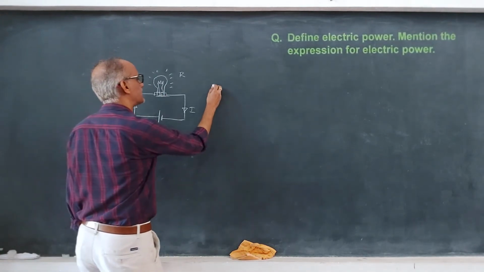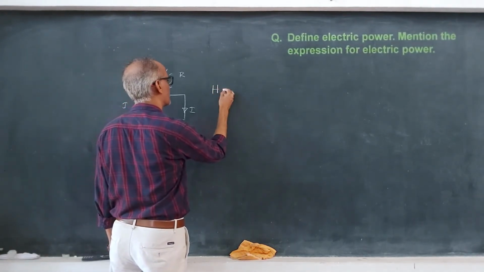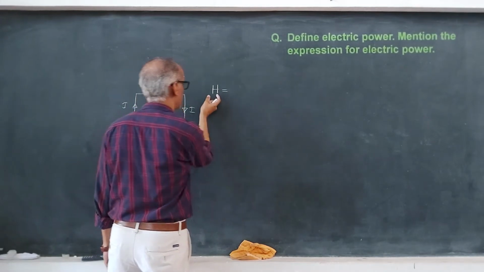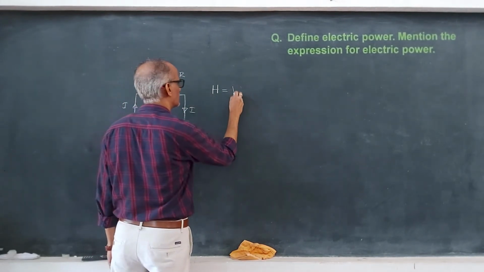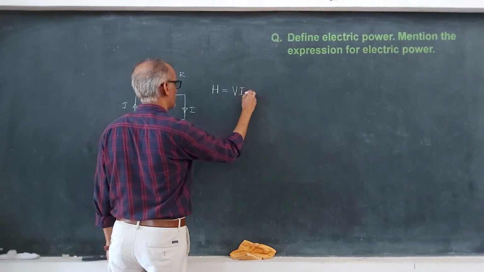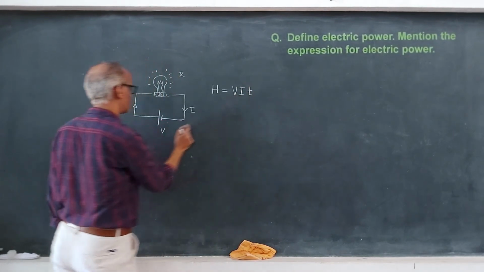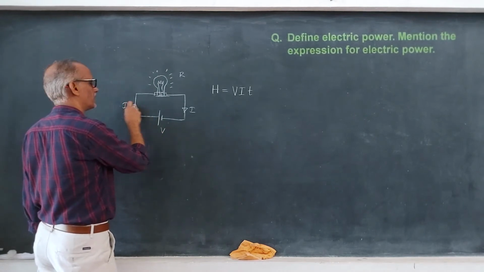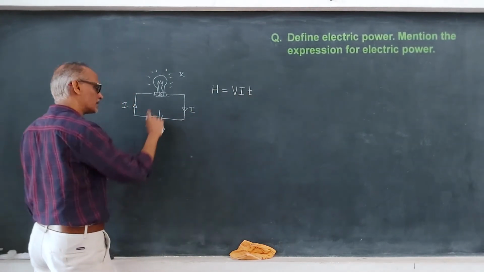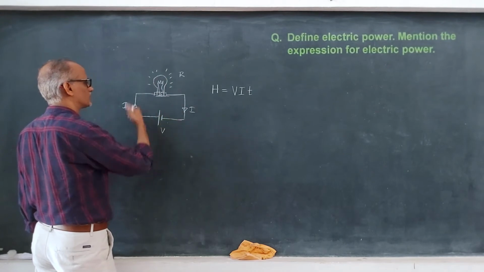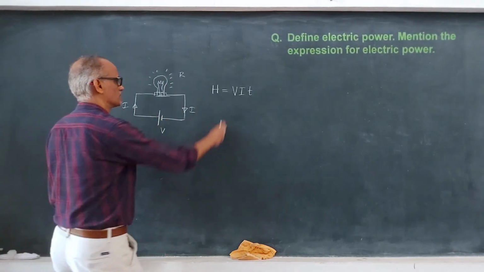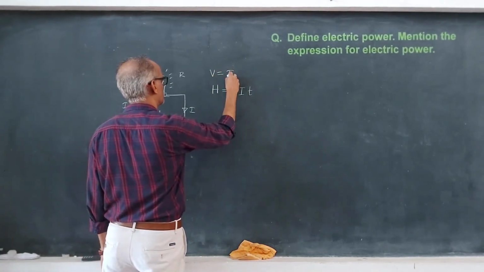So, what is the amount of heat energy which is developed? That is given by H is equal to VIt, where V is the potential difference, I is the current, and t is the time during which the heat flows. But we also know that V is equal to IR.